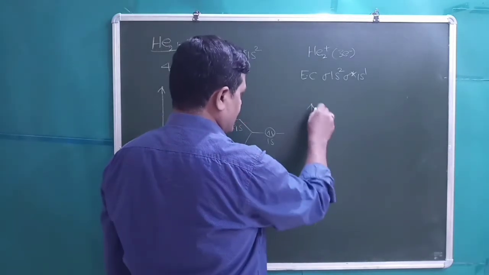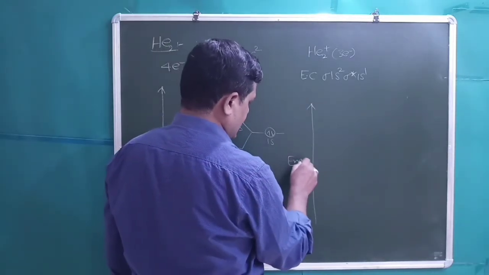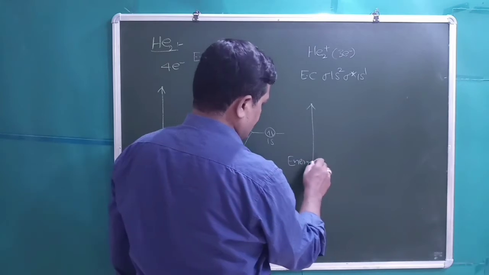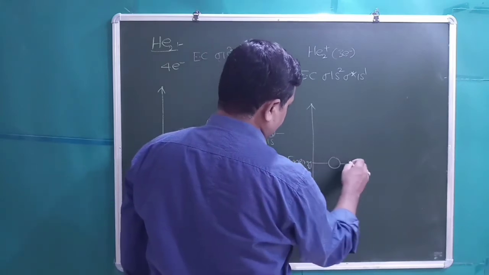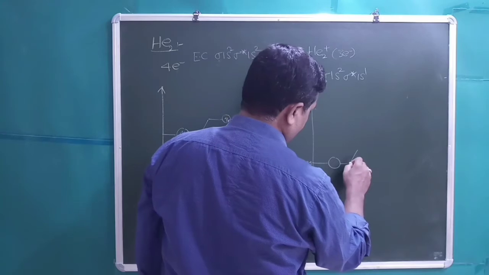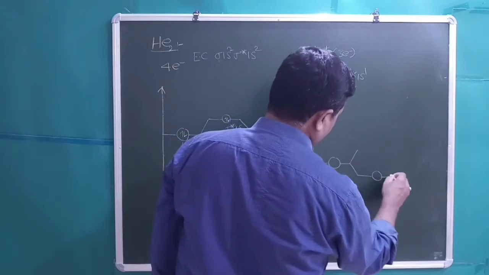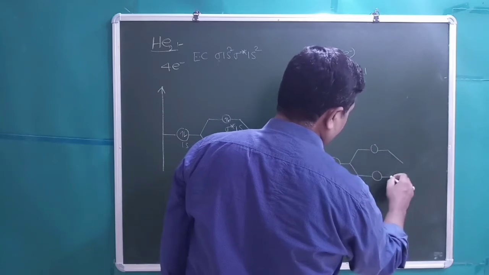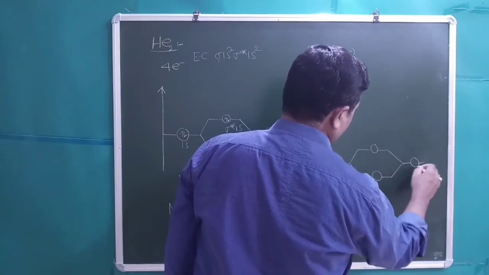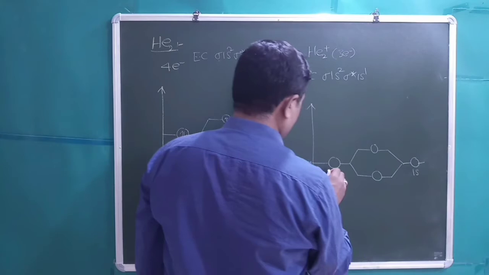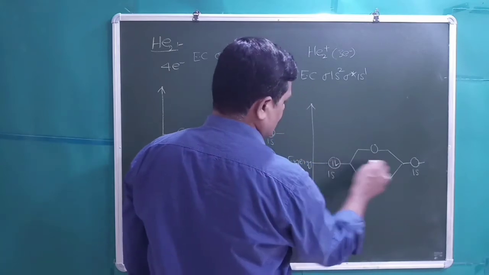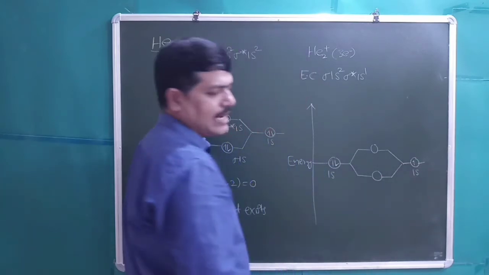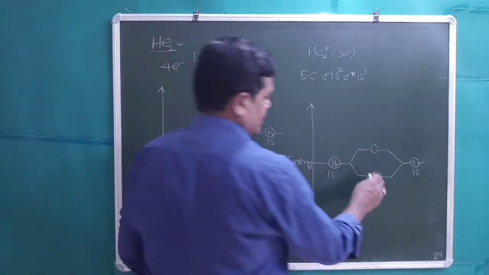Energy level diagram, we can draw like this. 1s orbital of one helium atom is combining with the 1s orbital of other helium atom. This is having 2 electrons, this is having 1 electron. Total 3 electrons are present.